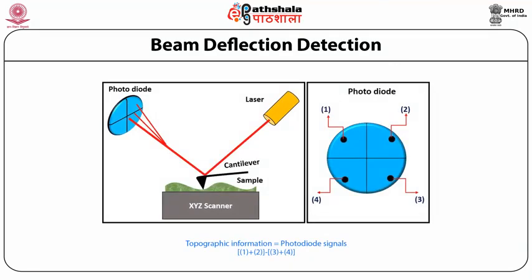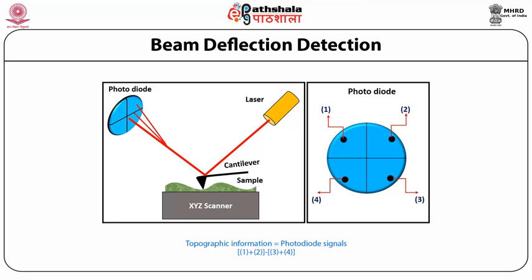Beam deflection detection. The laser is focused to reflect from the cantilever and onto the sensor. The position of the beam in the sensor measures the deflection of the cantilever, and hence the force between the tip and sample.